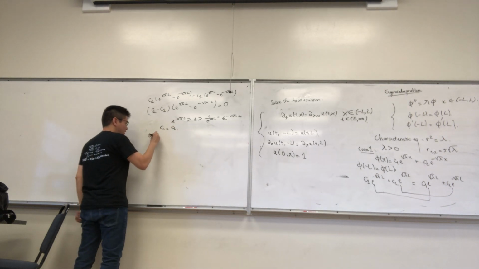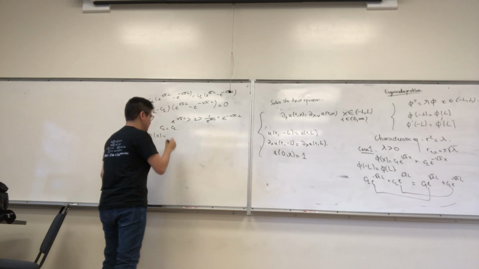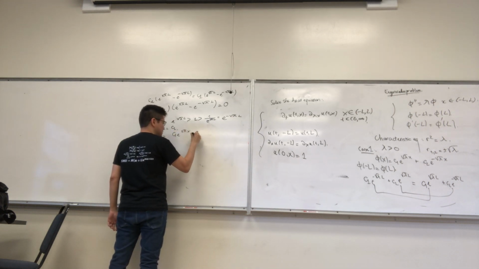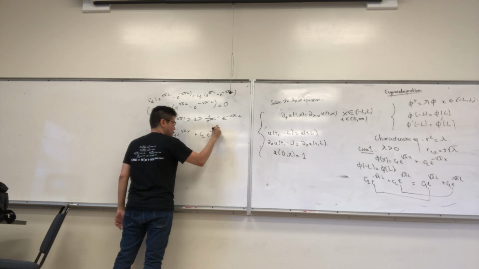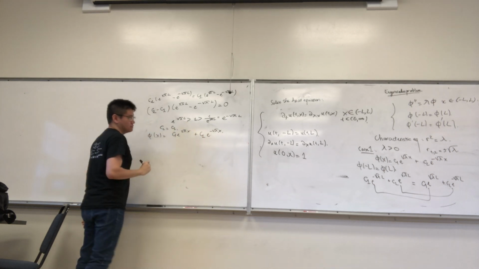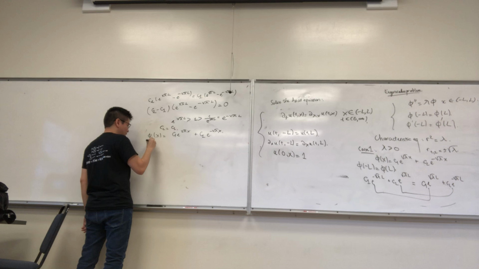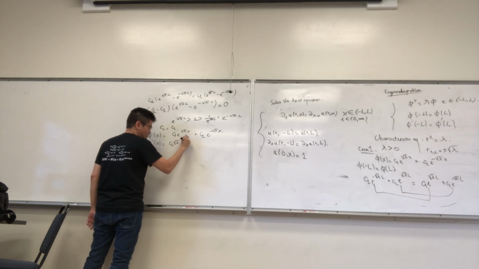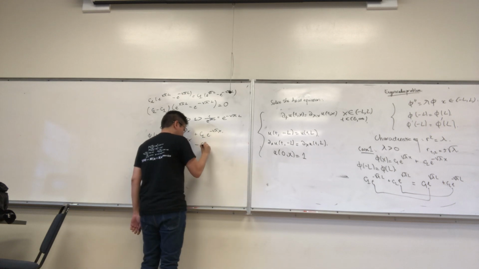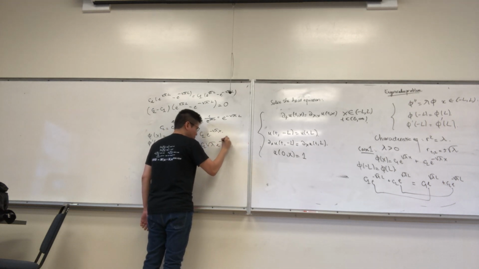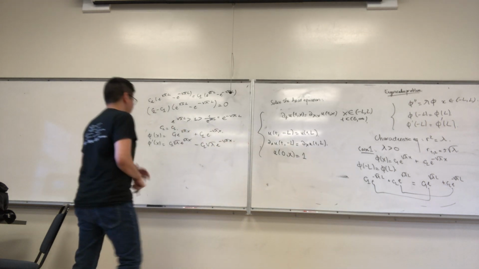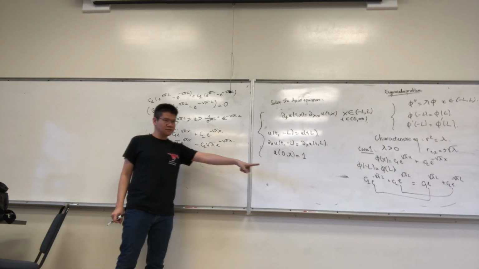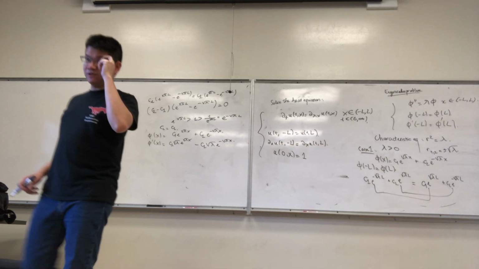So now I have phi x is C1 e to the square root of lambda x plus C1 e to the minus square root of lambda x. Phi prime of x will be C1 square root of lambda e to the square root of lambda x minus C1 square root of lambda e to the minus square root of lambda x. Alright? I have to take the derivative because I want to use the second boundary condition.